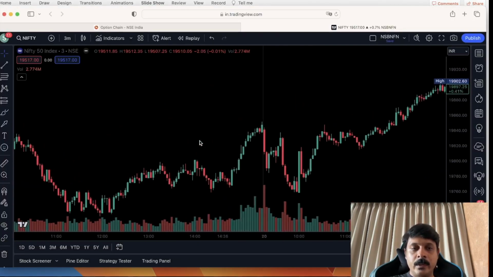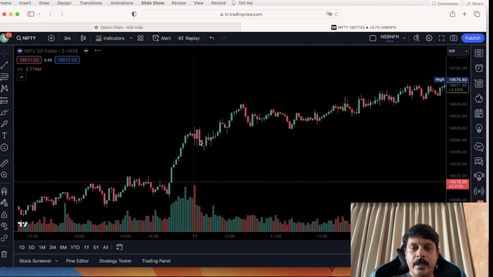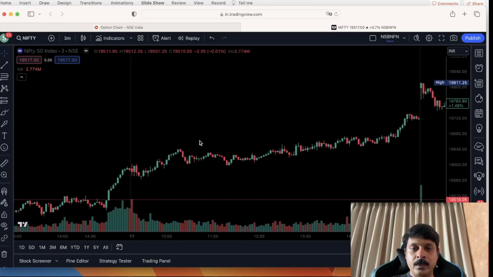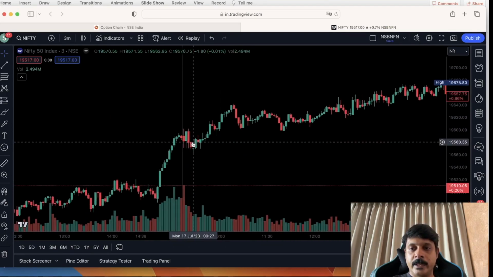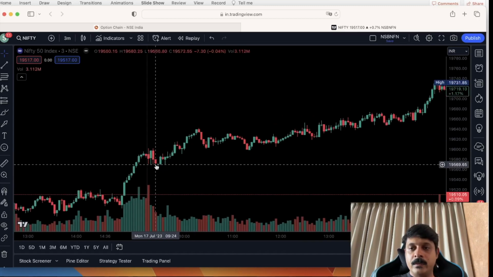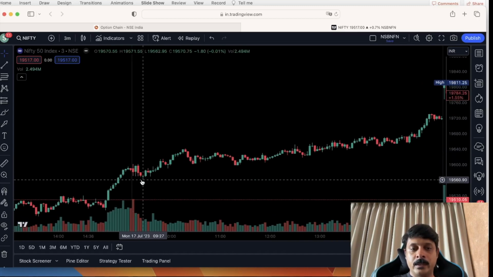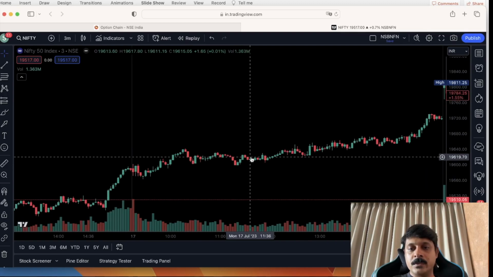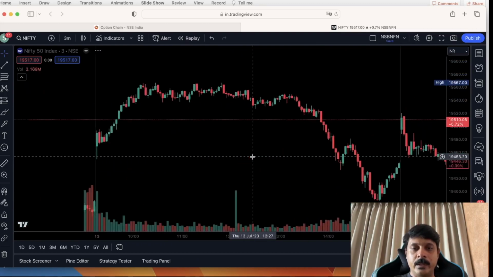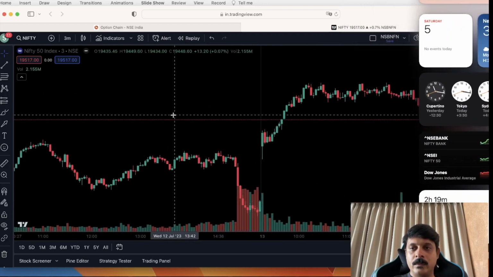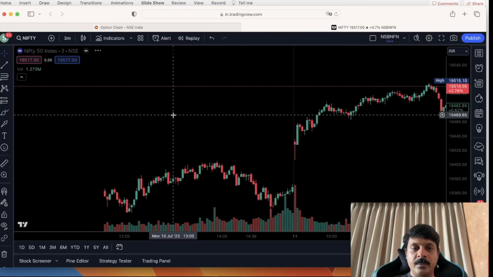And probably in one ideal move, if I tell you, probably this is a trending day, right? This kind of day, the ideal trade will be if you're taking long on this consolidation. No, it's not a heavily trending day. Probably a heavily uptrending day.